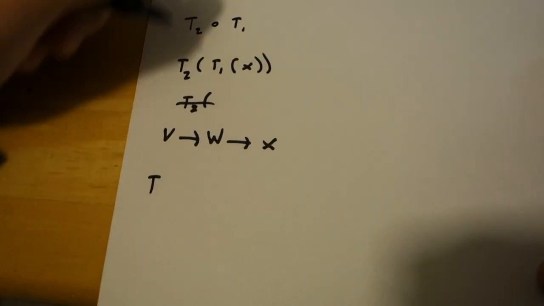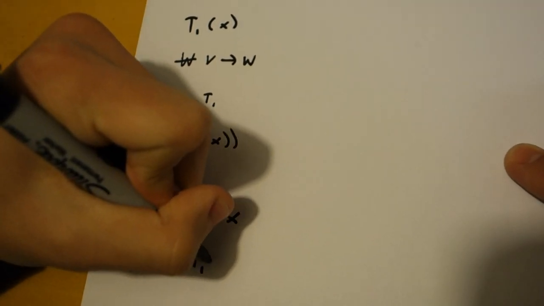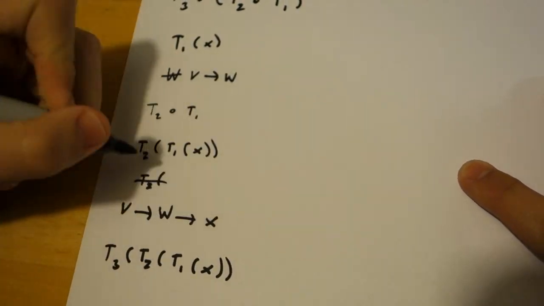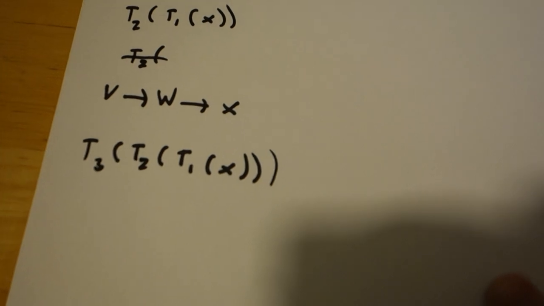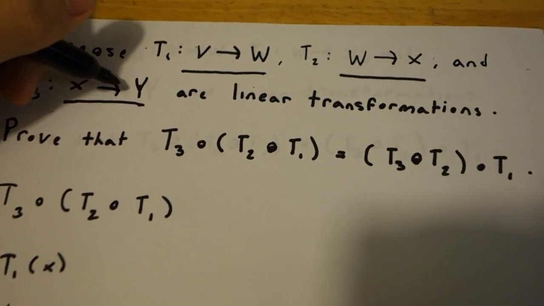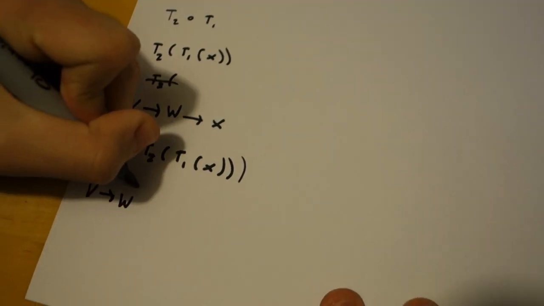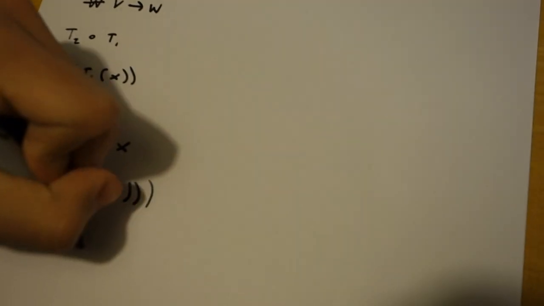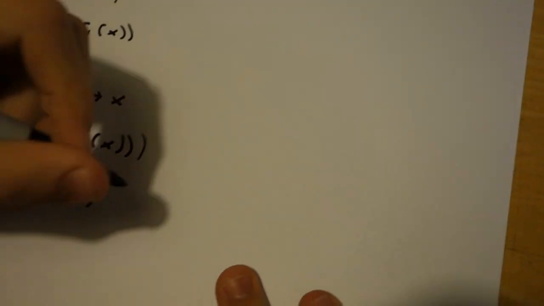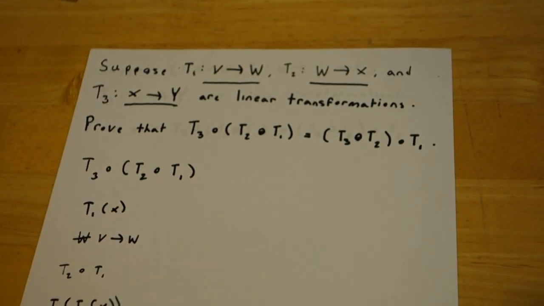Now we can rewrite this, and T3, as you can see up here, maps a vector in X to a vector in set Y. Therefore the mapping will turn out to look like this. Once you apply the transformation, the vector in X is mapped to a vector in Y. And this is your left side of the equation.